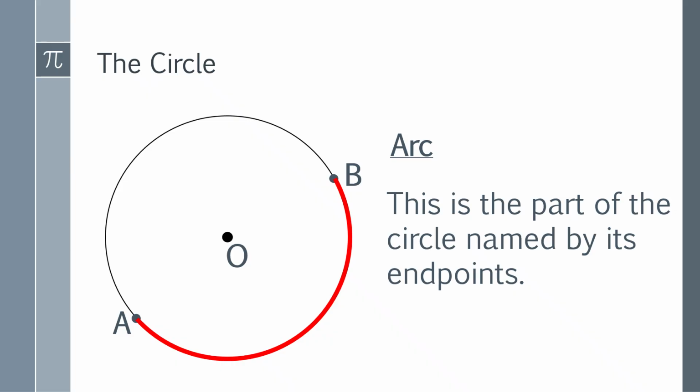Okay? As you can see, the red part is called the arc. And not only the red one that you've seen there, but we will also consider the blue arc here on the other side. So this one is also known as an arc.